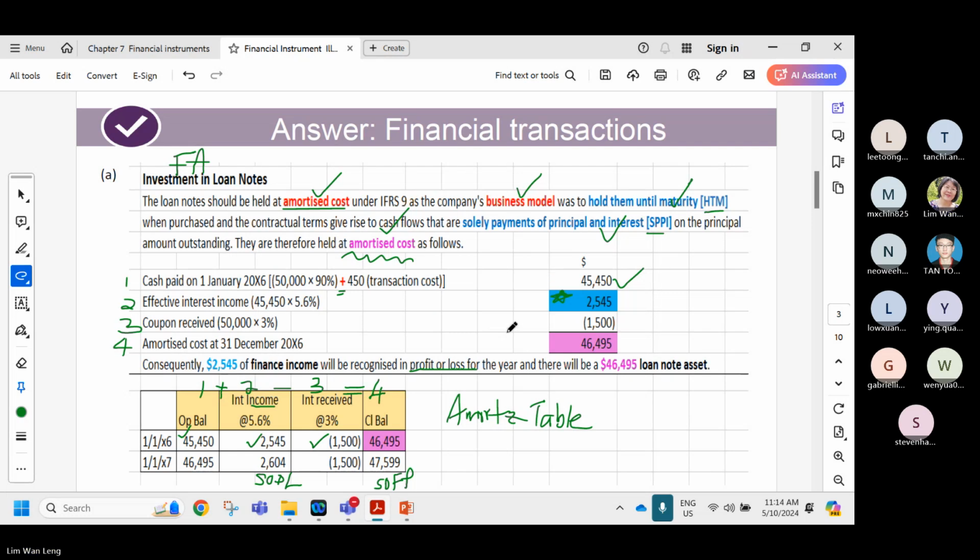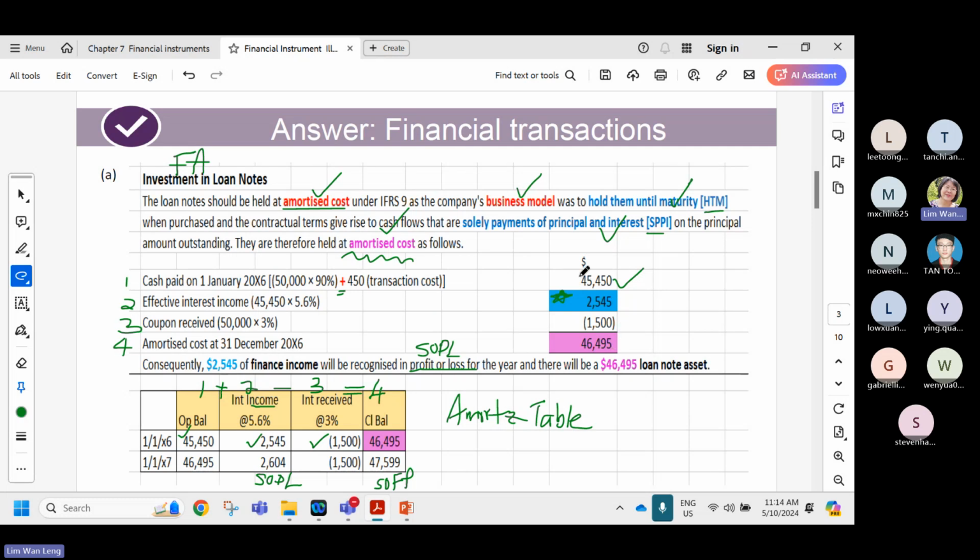So, interest income will go to the SOPL. And then at the end of the year, originally you have paid so much reflected in the books. At the end of the year, you will adjust with the interest based on the effective interest rate minus the interest component that has been received.